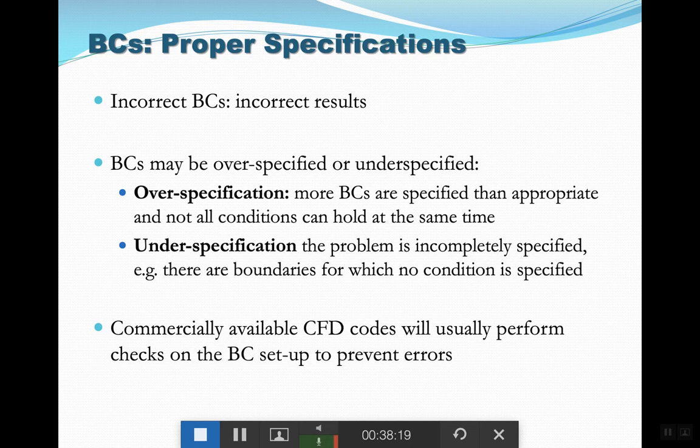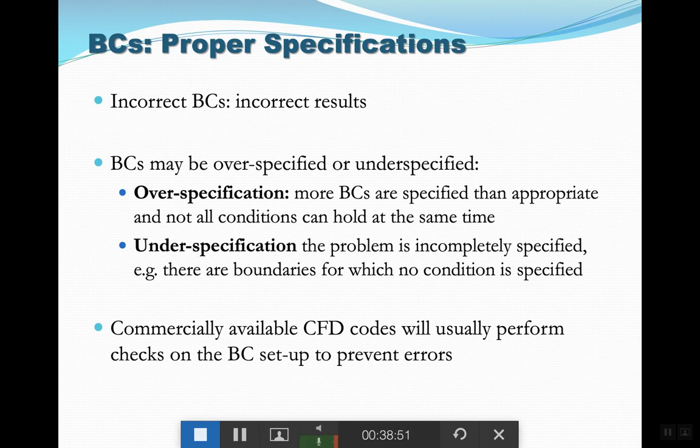So imagine you have a control volume, it's a complex geometry, and you are dealing maybe with 20, 30, 40, even 100 different boundary conditions. Now, what happens in over-specification is you provide 2 or more types of boundary condition to a single surface. So a single surface is both, for example, wall and inlet velocity. That's called over-specification.